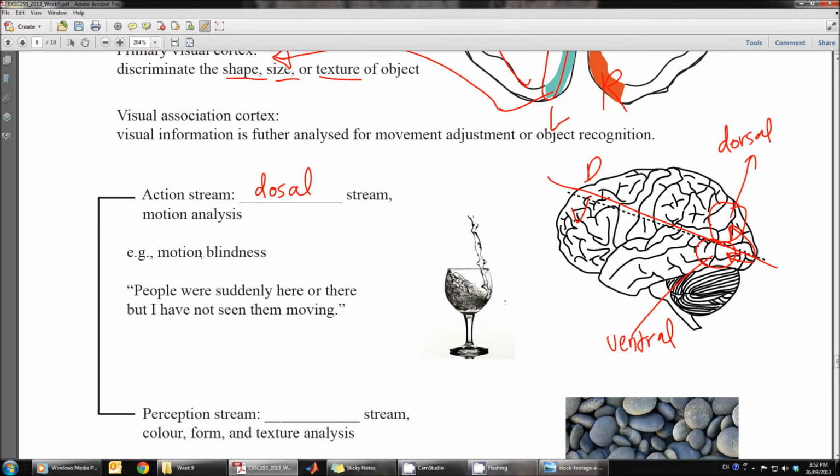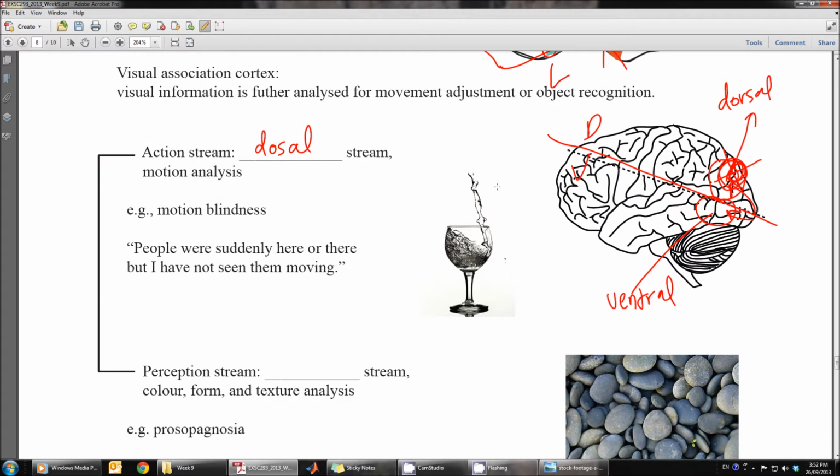And if a person damages this stream, for example by stroke or a traumatic brain injury, one can have this symptom called motion blindness. So the patients suffering from this cannot analyze motion at all, and what they perceive around them is all still pictures like this.